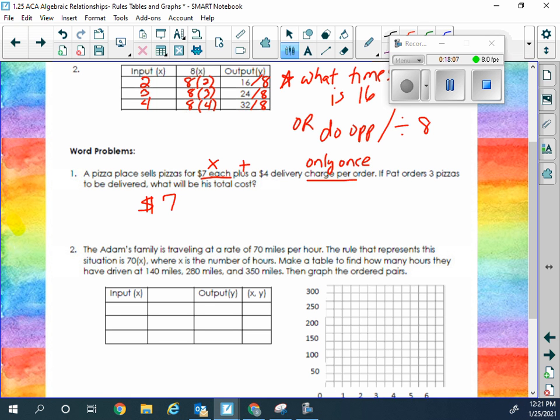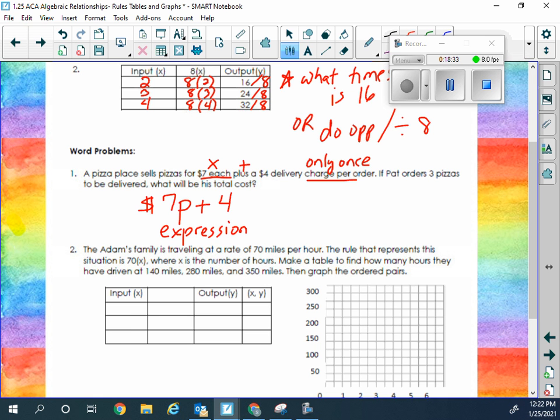We don't know how many pizzas right at the beginning. We're just trying to make an expression. It would just be times each pizza, correct? And then we're going to add his $4 delivery charge. Okay, that is called an expression. It's not an equation yet.